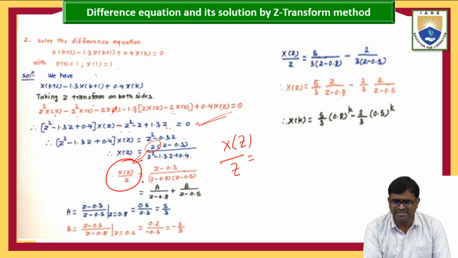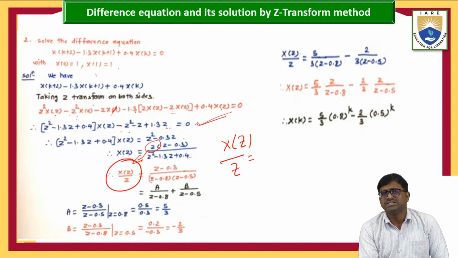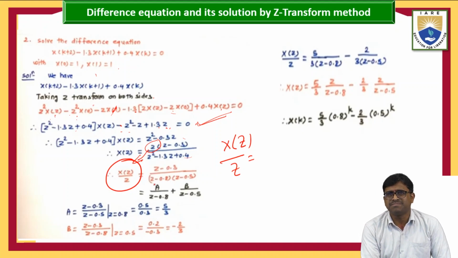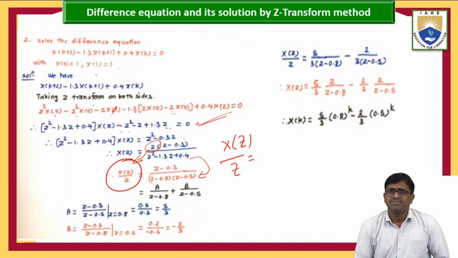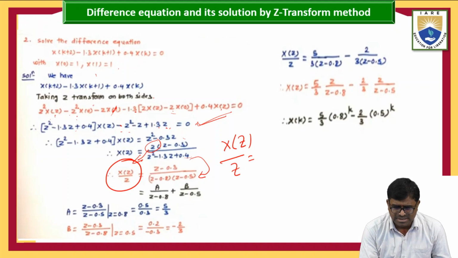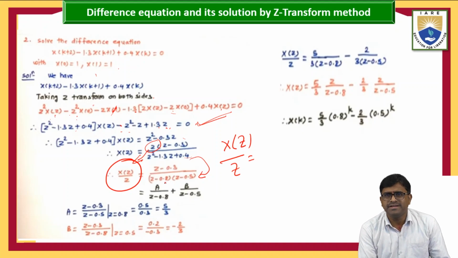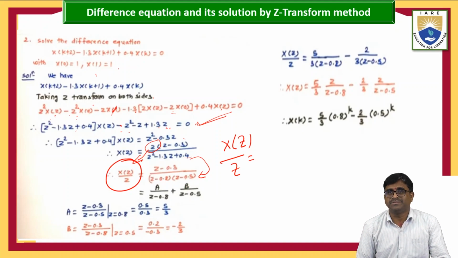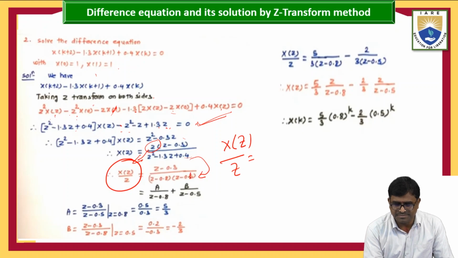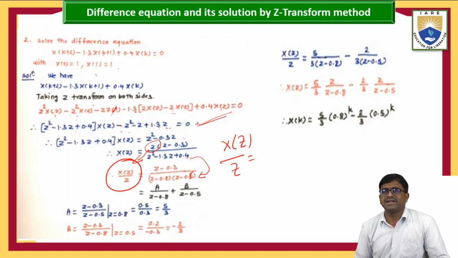The function is coming as x of z by z equal to z minus 0.3 by z minus, for this one I am taking the LCM values, that is nothing but z minus 0.8 into z minus 0.5.